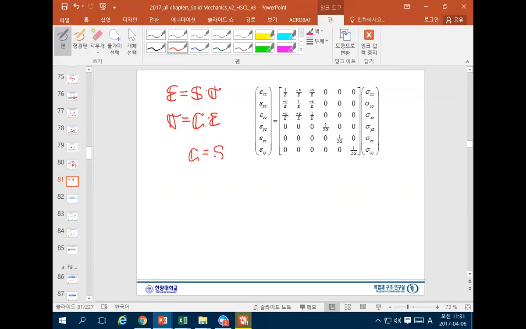C will be simply the S inverse matrix, right? So using that one, now strain is given, and how much stress would be needed to generate this much strain, right? So let's try that one.